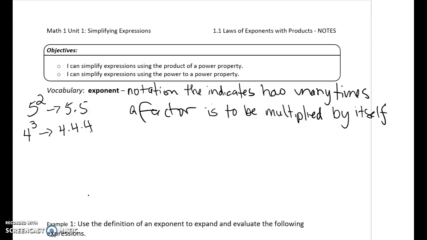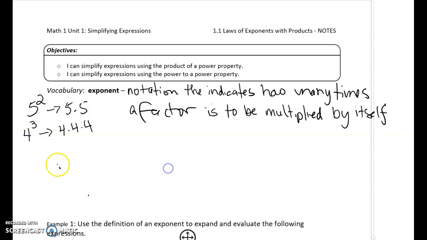Another vocabulary word we need to talk about is, what do we call that factor being multiplied by itself? When you're talking about an exponential expression, we know we call the smaller numbers off to the top right the exponents. But the bigger numbers off to the bottom that these exponents are attached to are called the base.